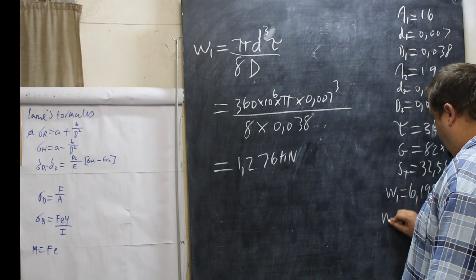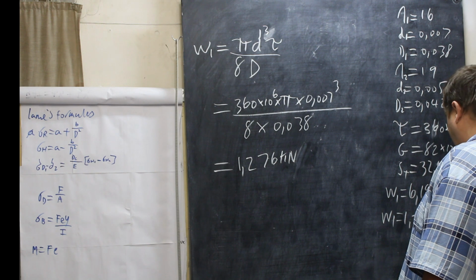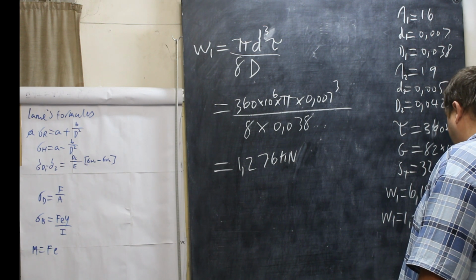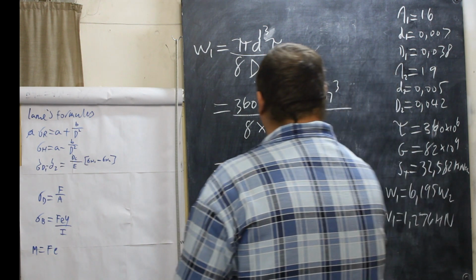So W1 equals 1,276 kilonewtons. Now we need to do number 2.